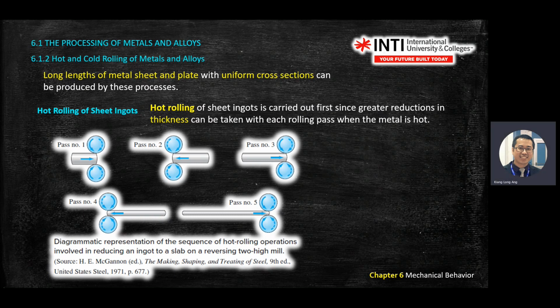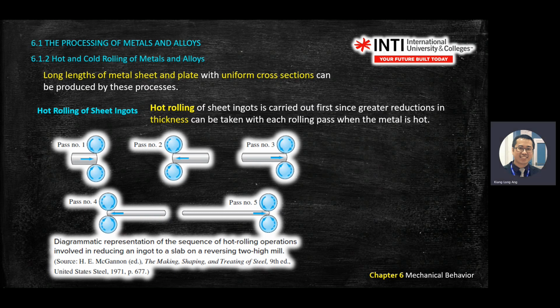Then in the second process, this one rotates in and out, right? So you go in, then the machine will press in again and then roll back. Then in process 3, the roller gets closer, then repeat the process until you get a very thin product.